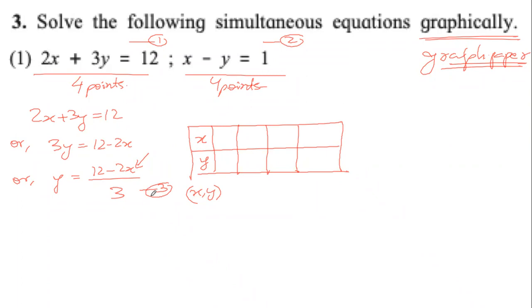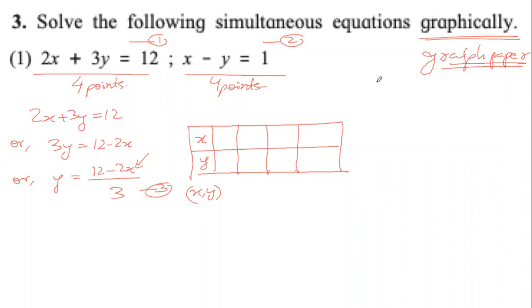For x we can just choose integers. But to ensure that we get integers for y also, once we select x, the numerator of the RHS must be an integer. If it is not an integer, then y will not be an integer.